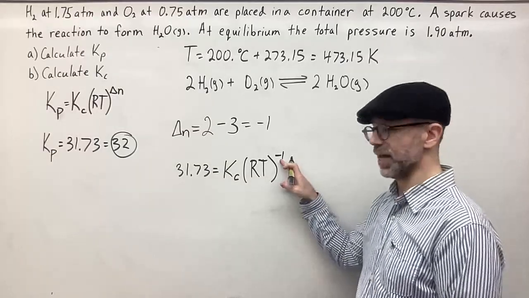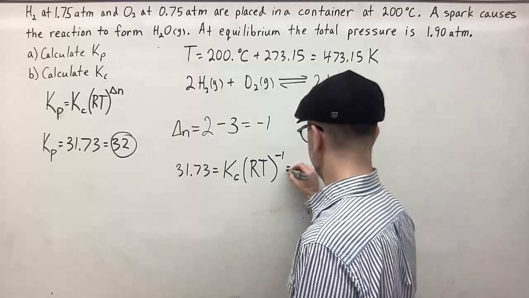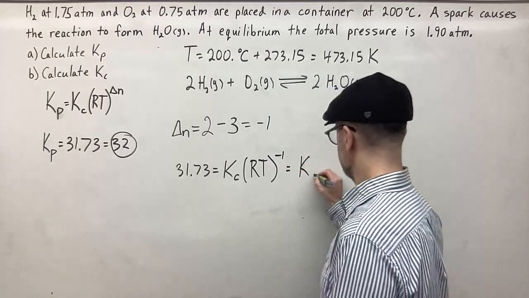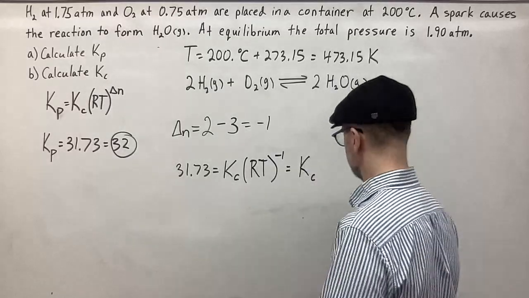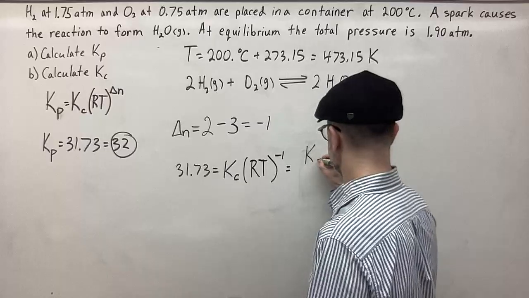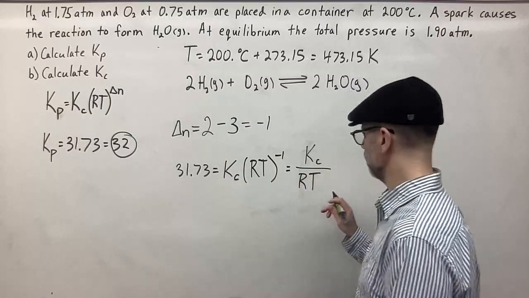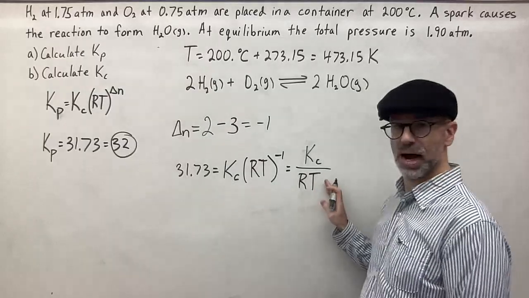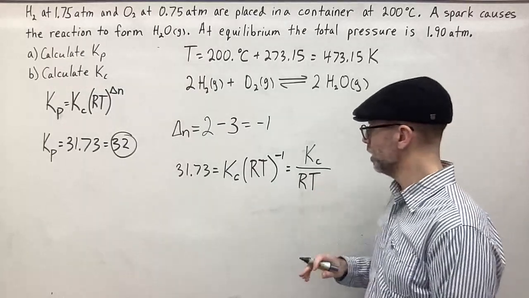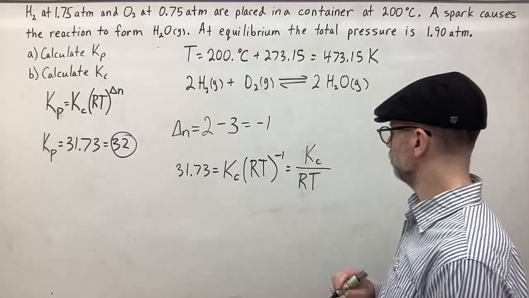So here's a negative, so when we bring it down, that'll be a positive. So this is equal to KC over RT. And so now the power is a +1. We don't need to write that. So this is equal to this, right?